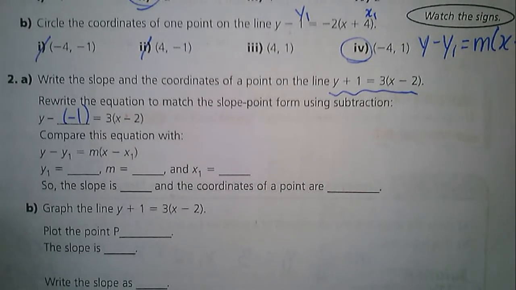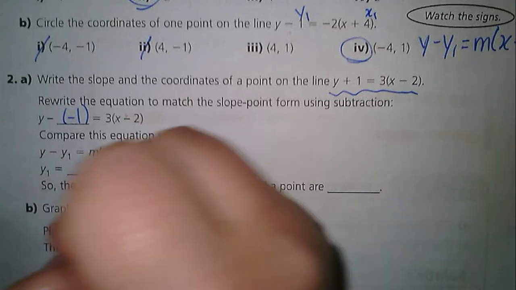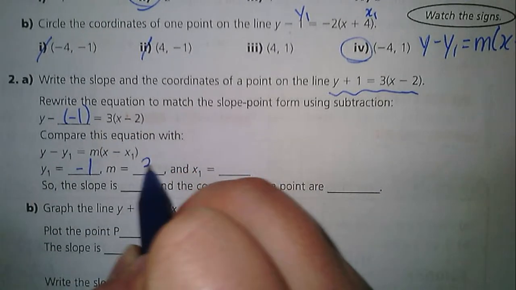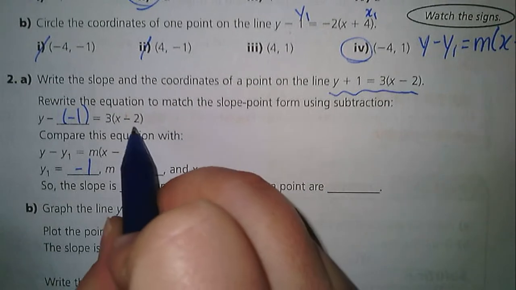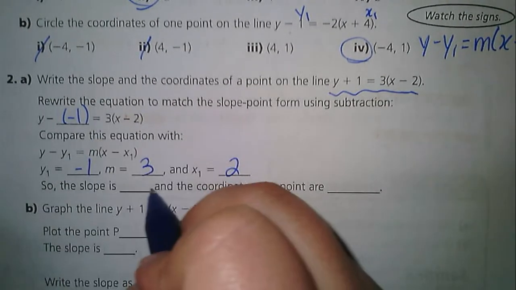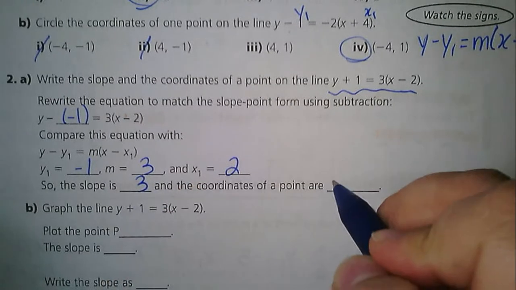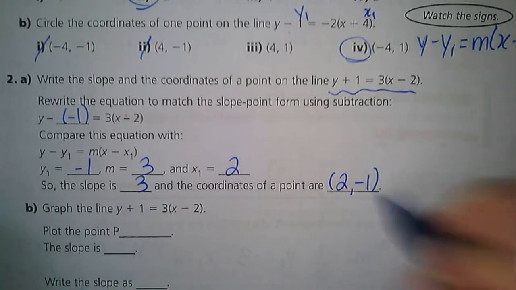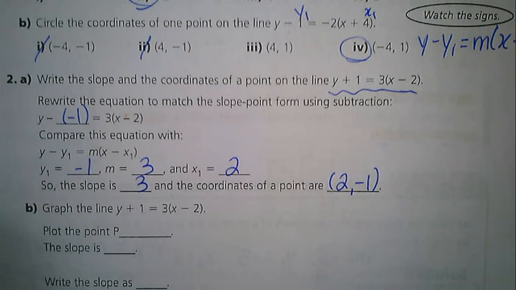Okay, so now we can take all of our points from here. y1 is a -1, our m is 3, and our x value is +2. That means the slope is 3. And my 2 points, my x comes first, of course, 2 and -1. So those are my ordered pairs.